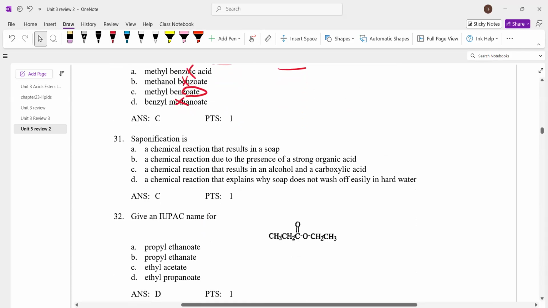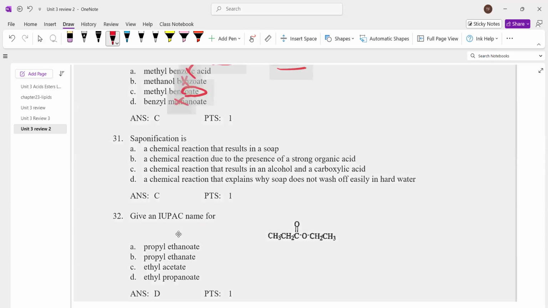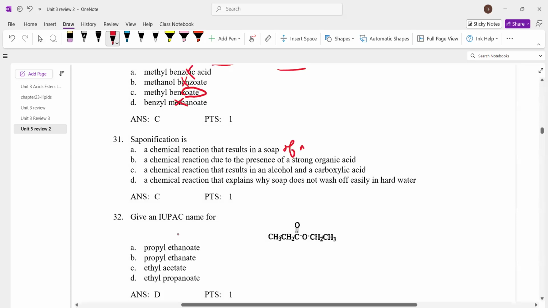Okay, so saponification. So the chemical reaction results in saponification of an ester. So A would work.